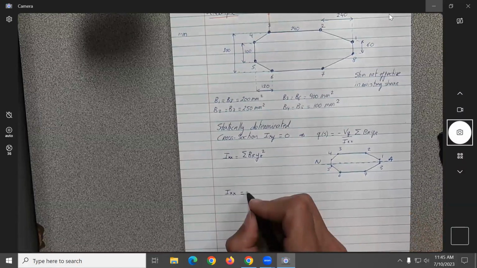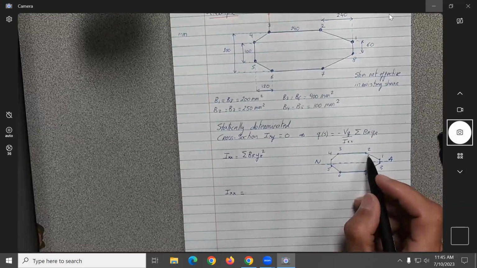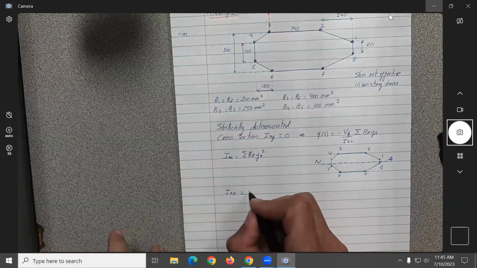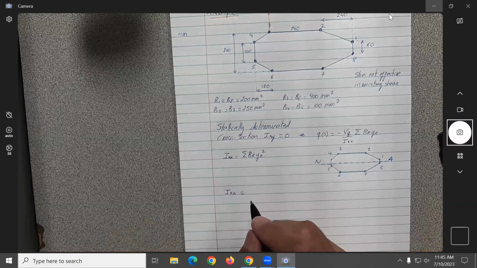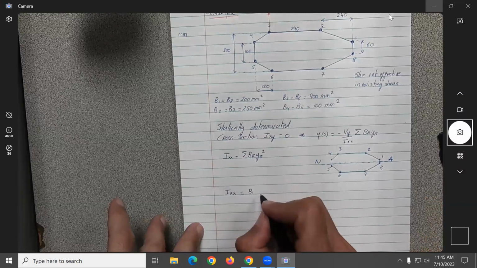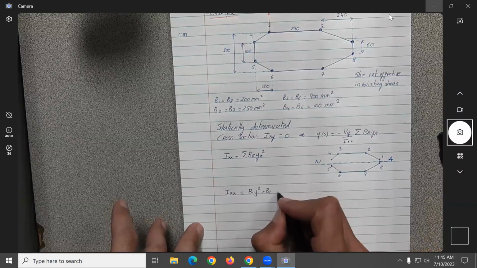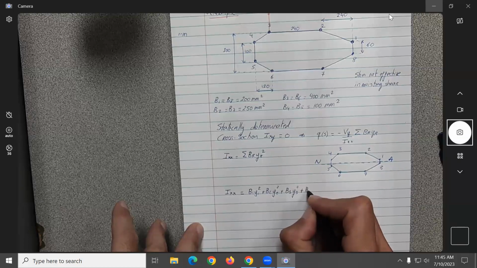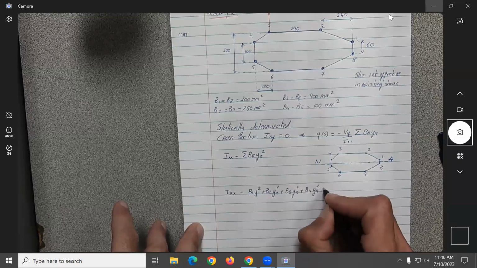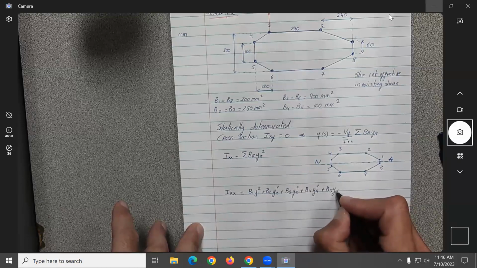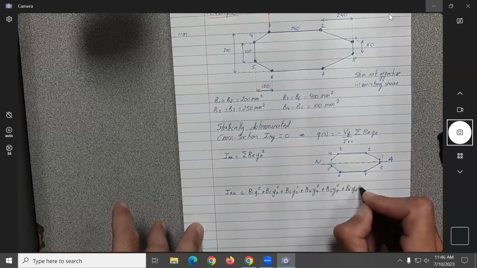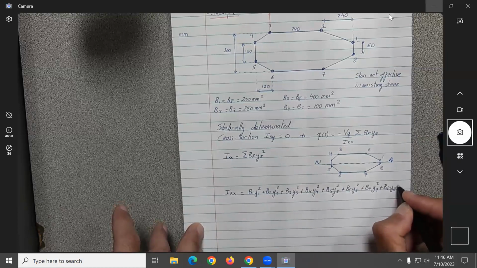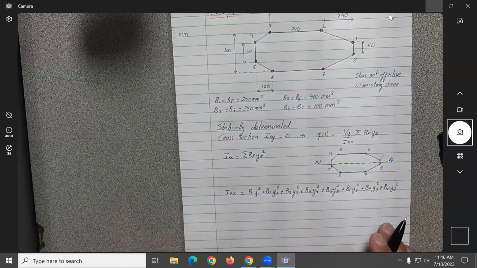This is symmetric, so let's do it symbolically. Ixx will be equal to B1 y1 squared plus B2 y2 squared plus B3 y3 squared plus B4 y4 squared plus B5 y5 squared plus B6 y6 squared plus B7 y7 squared plus B8 y8 squared.